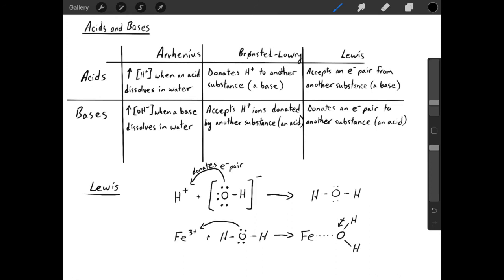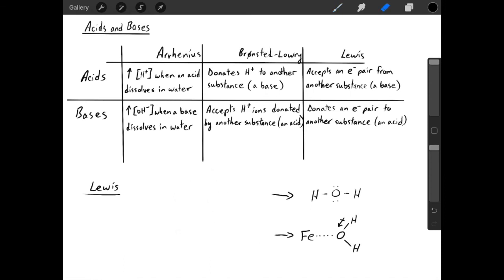That makes the hydrogen parts of the water molecule more positively charged and more acidic. And that makes the H+ ion more likely to dissociate from that water molecule, increasing the H+ concentration in the water.